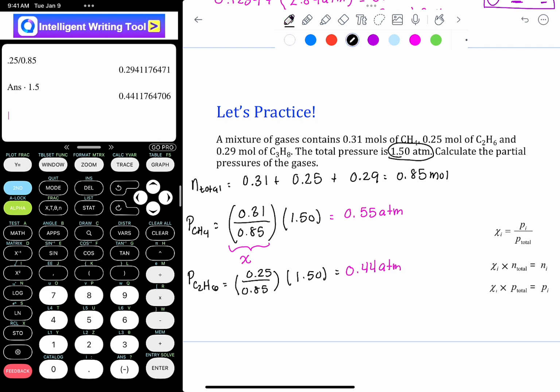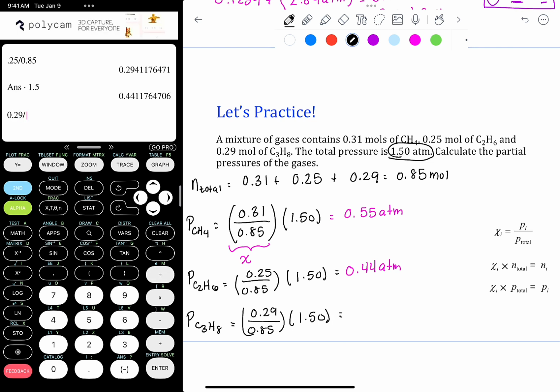And finally, we have the partial pressure of C3H8, and that's going to be equal to 0.29 divided by 0.85, which will be multiplied by the total pressure. 0.29 divided by 0.85 multiplied by 1.5, and we get a partial pressure of 0.51 atm.